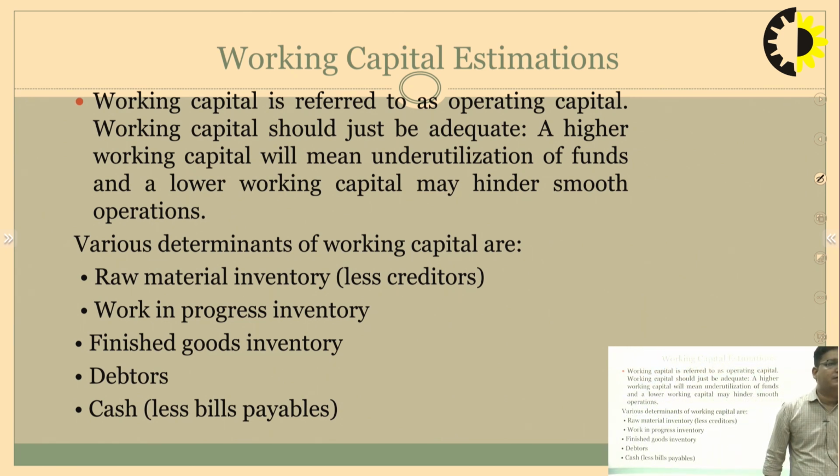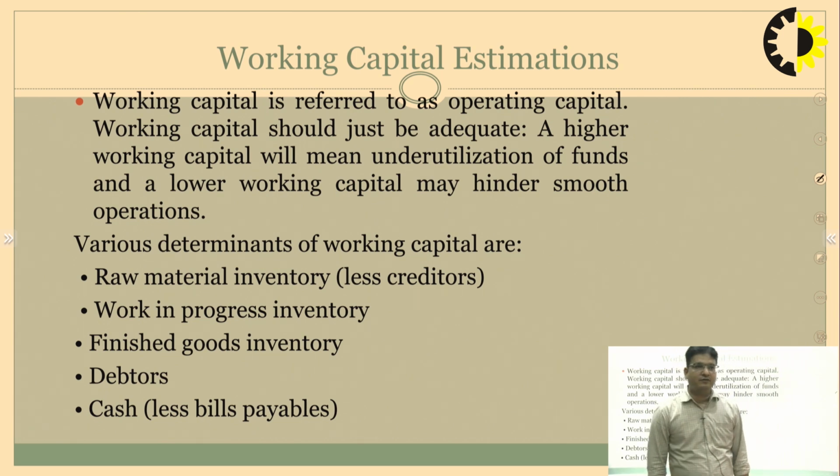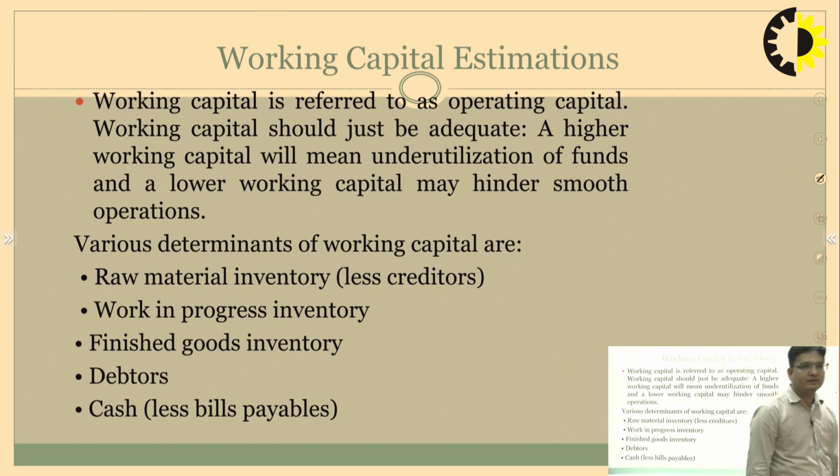Now, what are the various determinants? What should be the ideal working capital? So, there are various determinants regarding that. First is raw material inventory. The inventory for the raw material is the first component. Then WIP, the work in progress inventory, how much work we are able to do, that comes here.